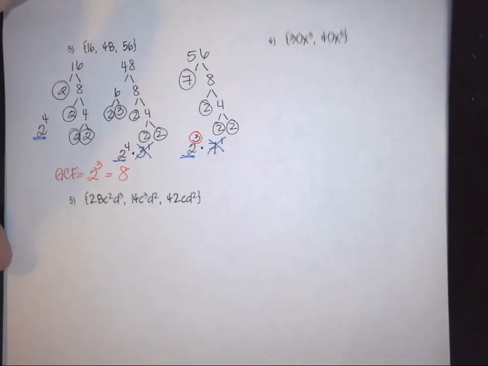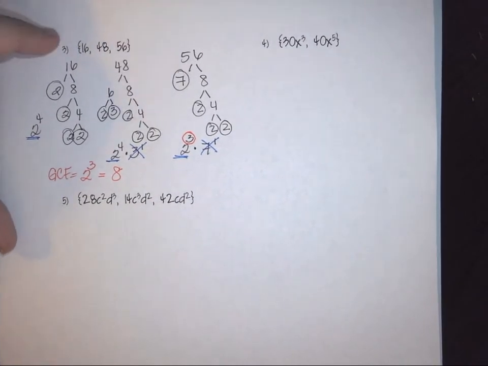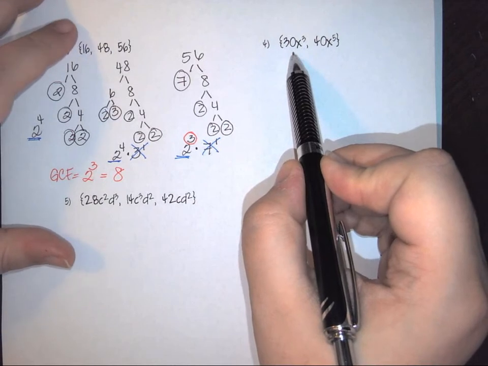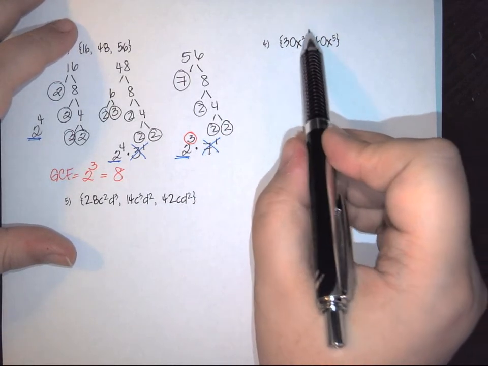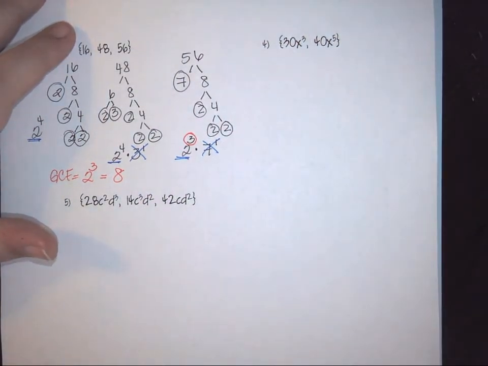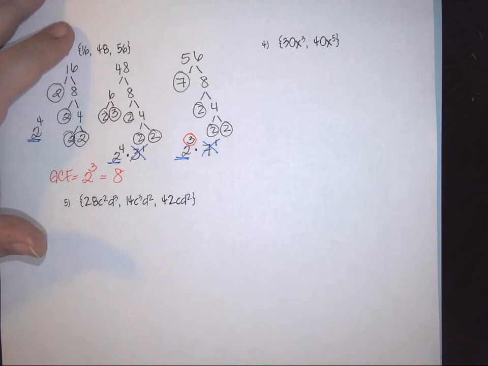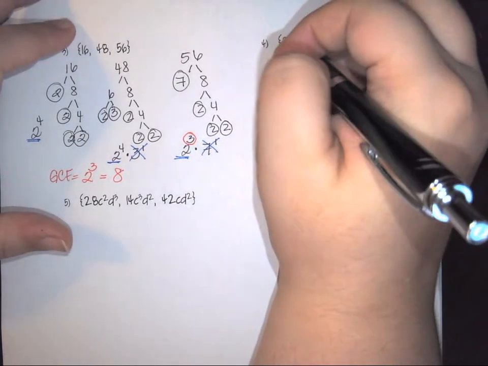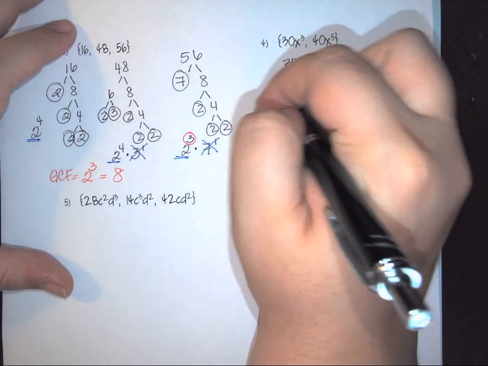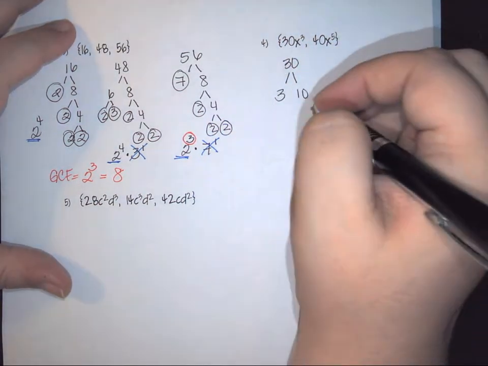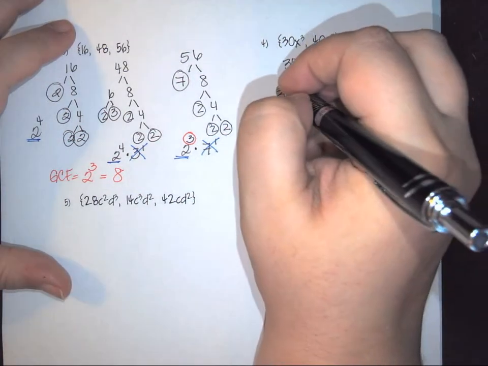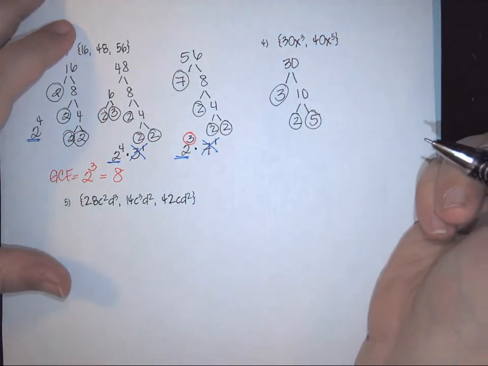Now, that same idea can carry through in a way when dealing also with variables. So here we have to look at 30 and x cubed. So when we look at 30, we know 30 can break down into 3 and 10, and then 10 can break down into 2 and 5.